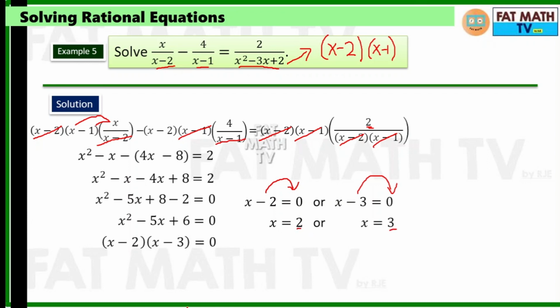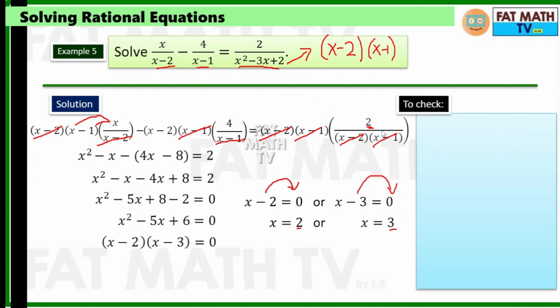And then the last step is you have to check with the original equation. Okay, to check, replace x with, first let's start with positive 2. So 2 over 2 minus 4 over 2 minus 1 equals 2 over 2 squared minus 3 times 2 plus 2 here.